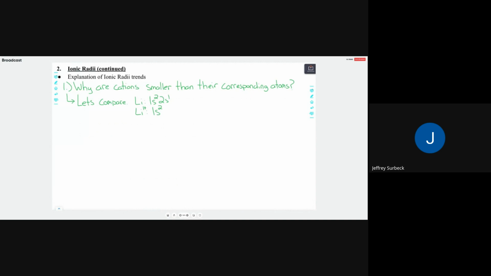Here comes our first important point. The lithium ion, the positive ion, is going to have fewer energy levels in this particular cation form.